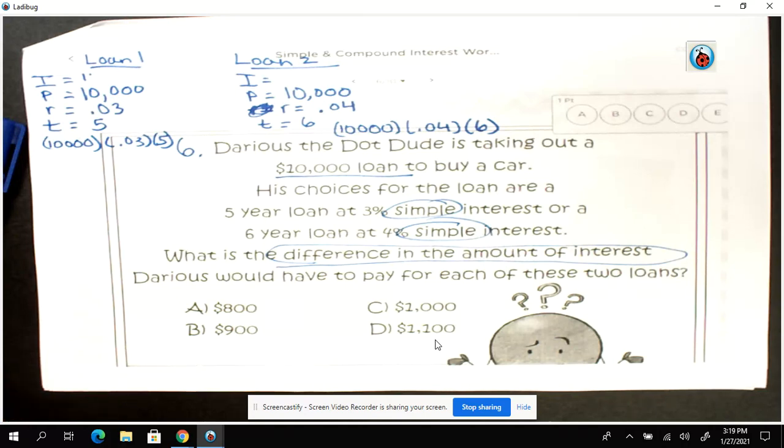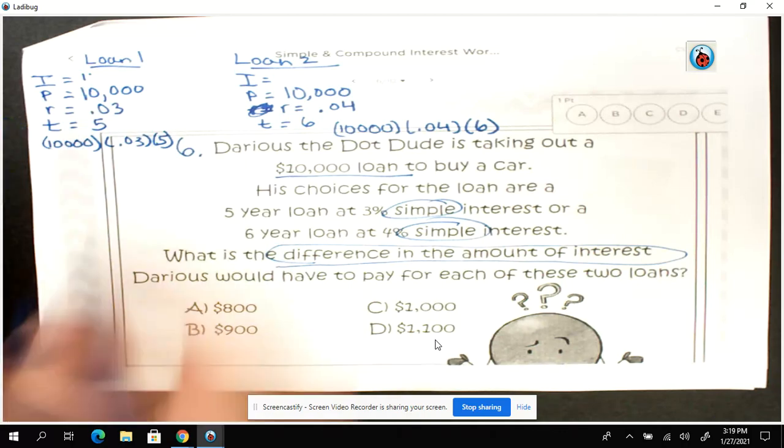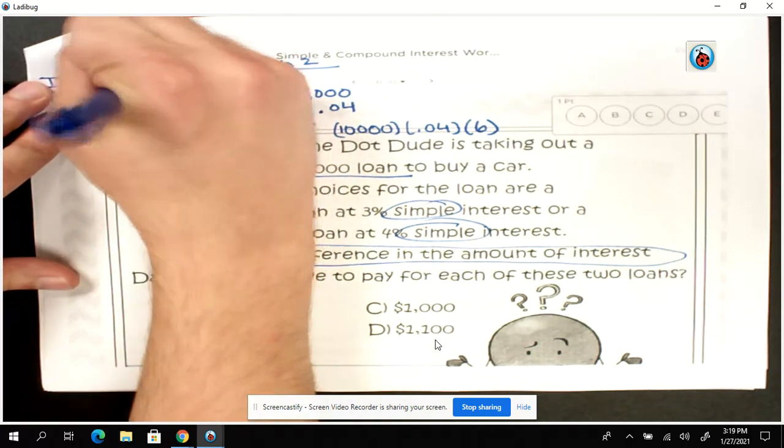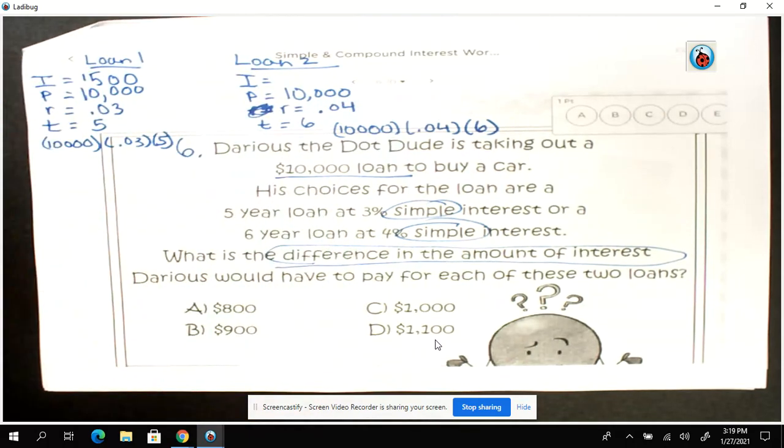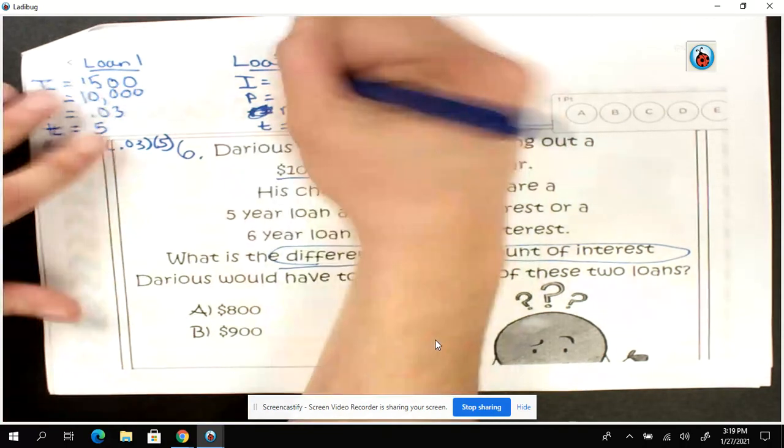It's very important that you write everything down and then type it onto your calculator. You'll have fewer mistakes that way. 10,000 times 0.03 times 5, I got 1,500 for this one. And then for this one, times 0.04 times 6, I got 2,400.